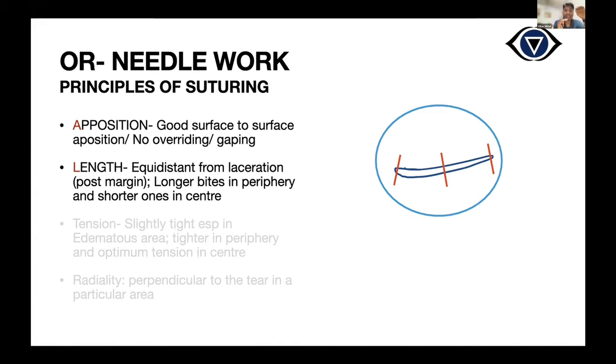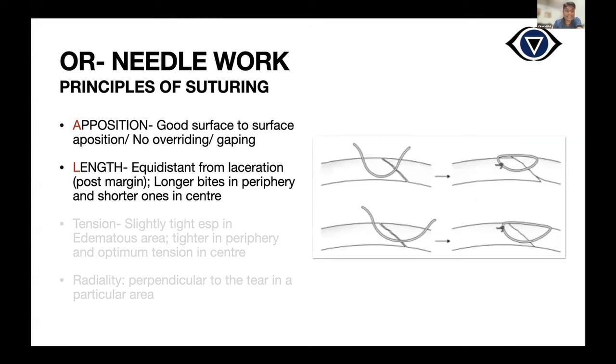That is our aim. Length should be equidistant. If there's a laceration, the bites need to be equidistant from the laceration, but measured from the posterior margin. So if it's a shelved incision, from the most posterior margin, it should be equal.